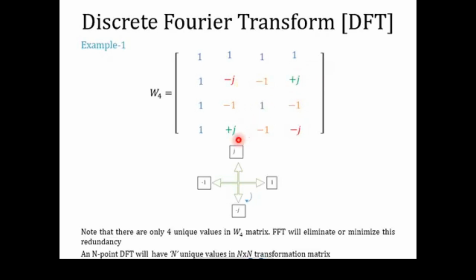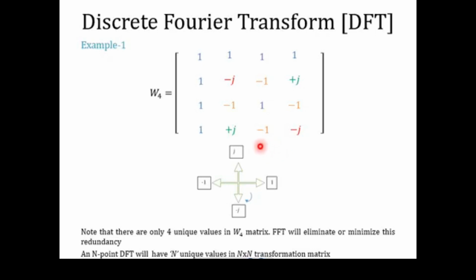So in this W4 matrix, there are only 4 unique elements, 1, -j, -1, and +j, while the remaining 12 entries are the redundant versions of these 4 unique values, which can be calculated using the periodicity and symmetry property of the DFT as well. And this idea of calculating transformation factor values will be covered in the later slides.